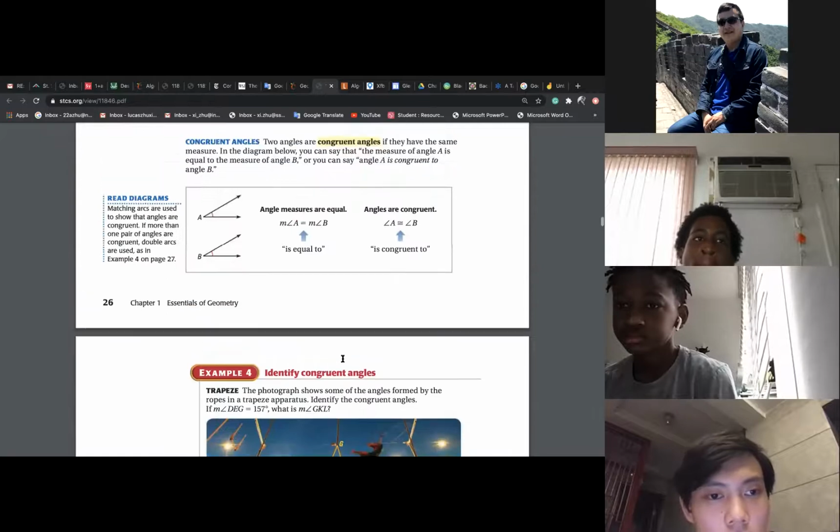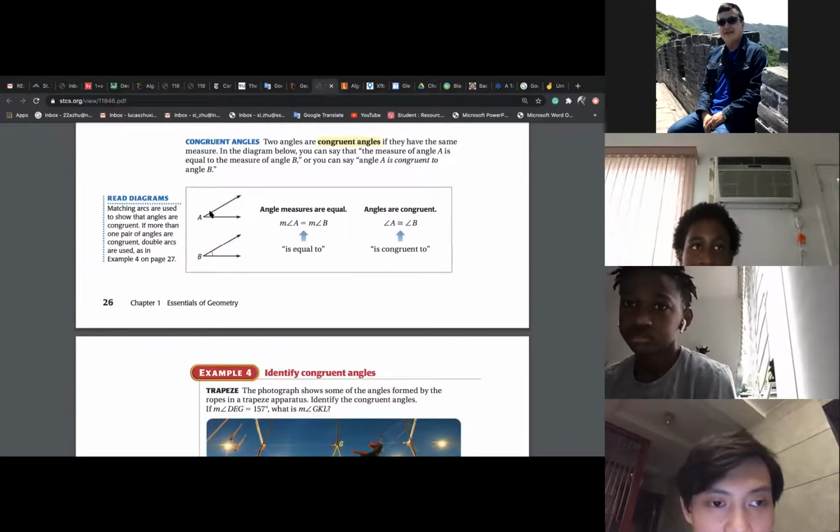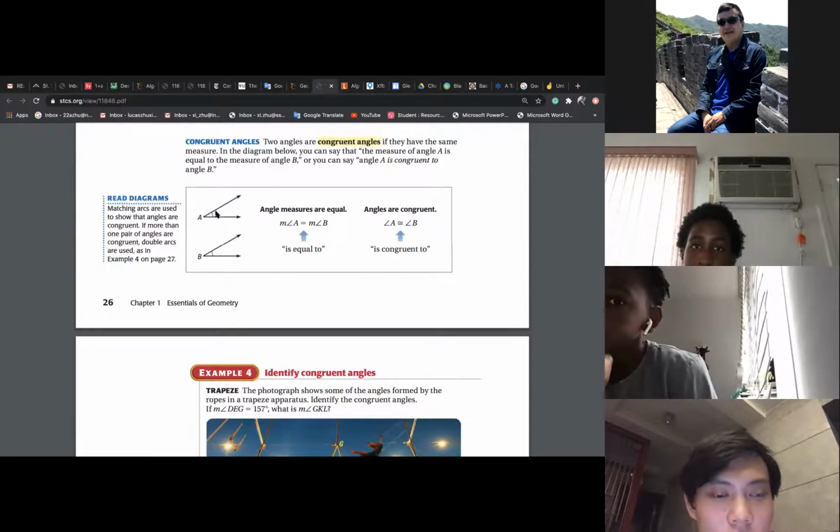And also here, they have the red line over here on each angle, which is saying that they are congruent.